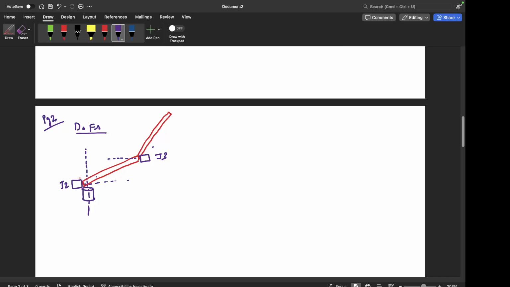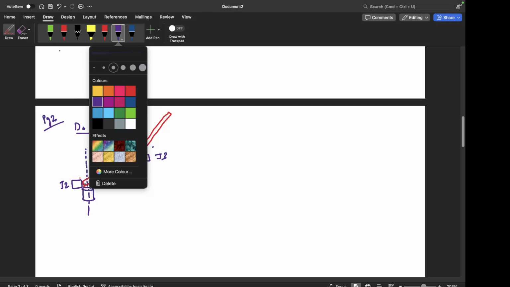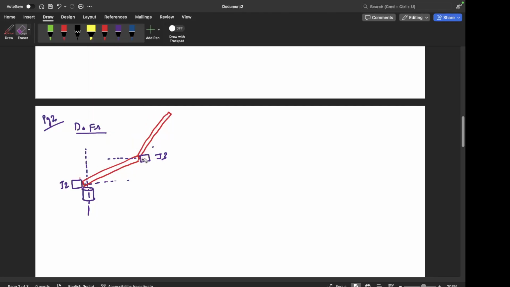I have not drawn the axis correctly. Let me just correct this.